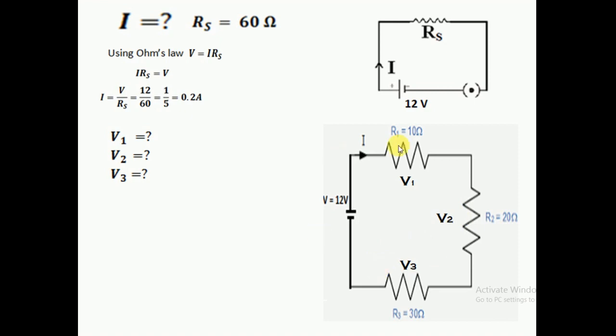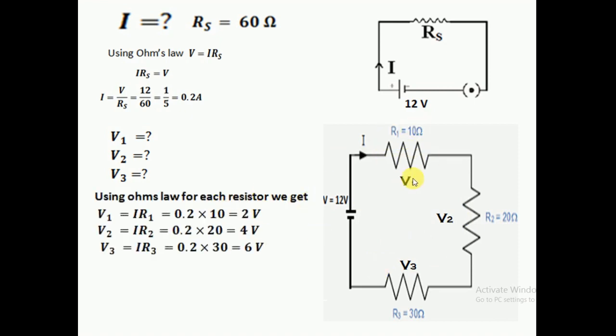Now I can use Ohm's law for each resistor. V1 is equal to I R1. I we have already found to be 0.2 ampere, and R1 is 10. So 0.2 into 10 is 2 volt. Similarly, V2 is equal to I R2.